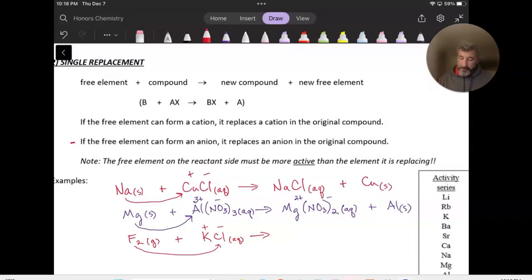And so that's going to give us now not potassium chloride, but potassium fluoride, right? And so potassium is 1 plus, fluoride is 1 minus, and so that's already balanced. And then this is our ionic compound, which is going to be aqueous. And then the thing that's by itself now, the thing that got kicked out, is going to be the chlorine.